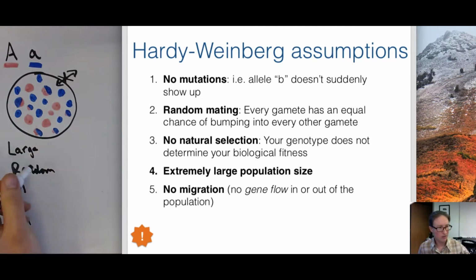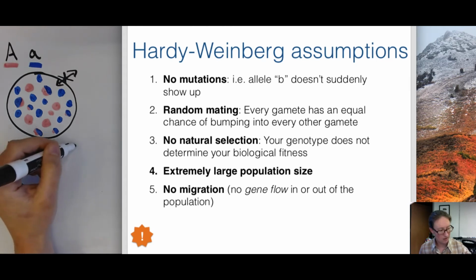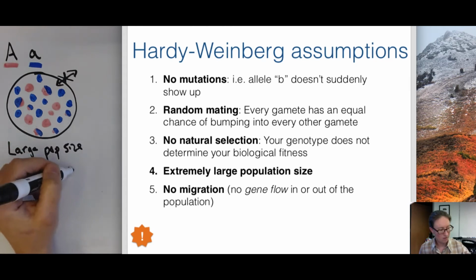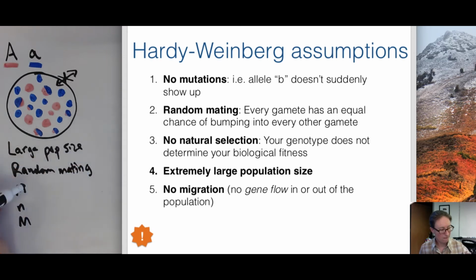So again, just for this mnemonic, we have a large population size, random mating, no migration, no mutations, and no natural selection at work for those assumptions.